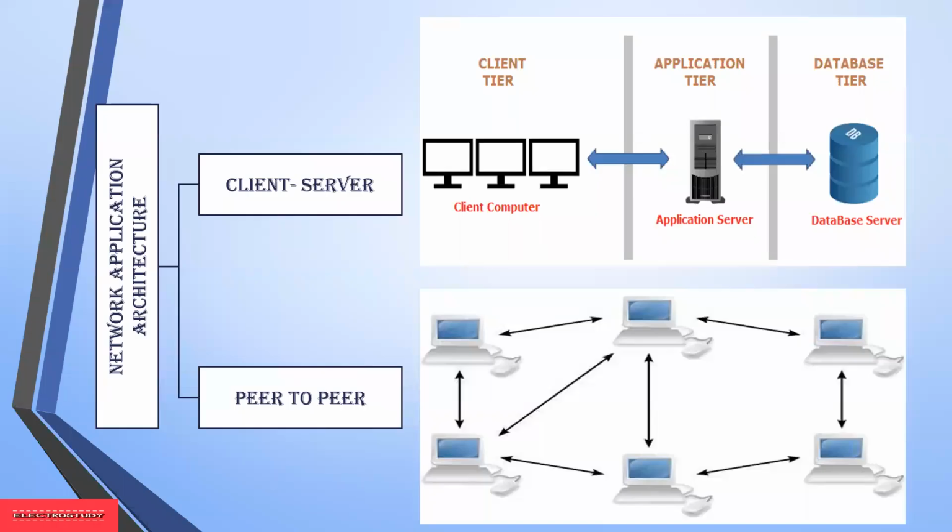Next we are going to see about the network application architecture. There are two kinds of architecture: client-server architecture and peer-to-peer architecture. In client-server architecture, an application program running on the local machine will send a request to another application program, and the program that serves a request is known as the server.